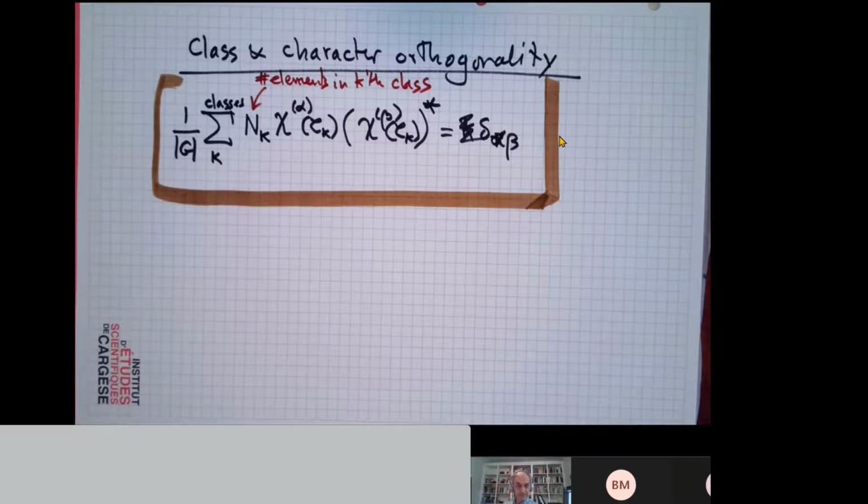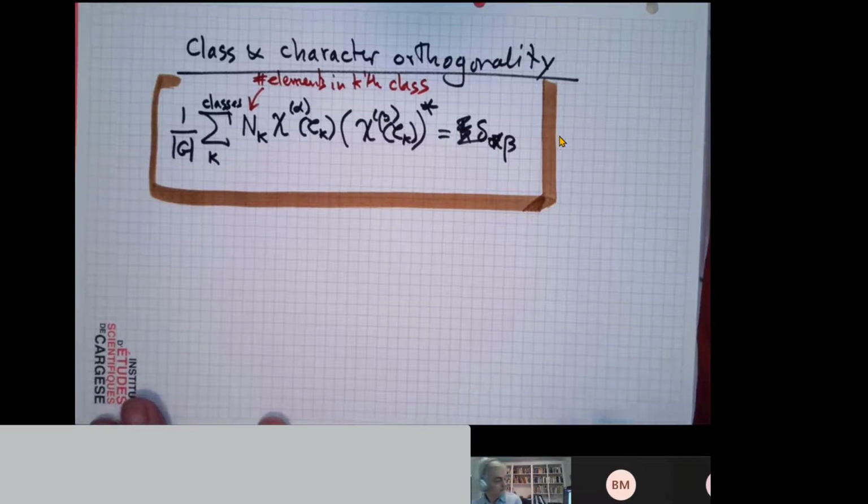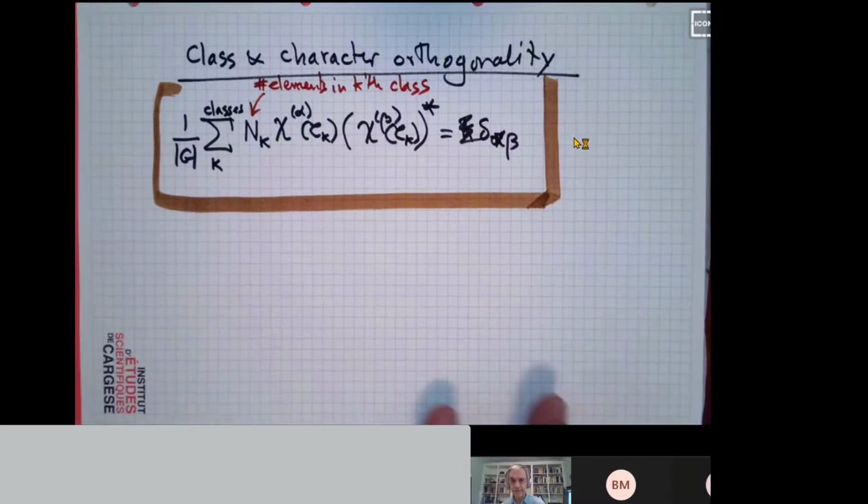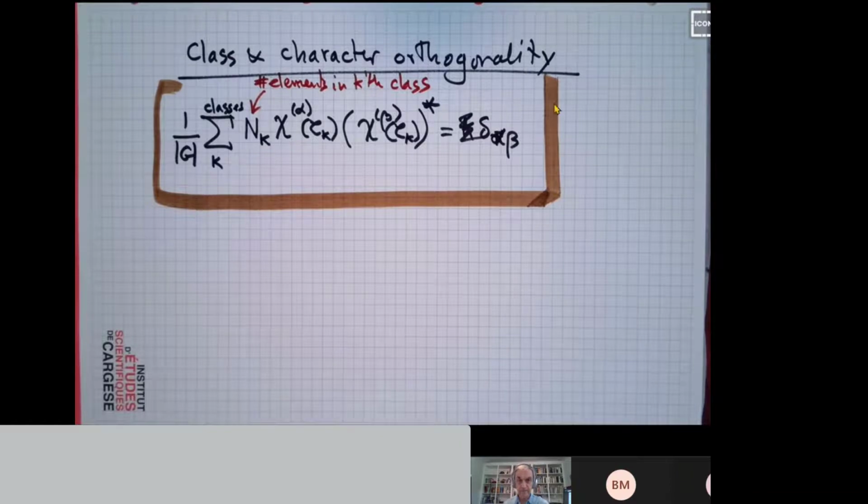But the transformation from one to the other is not obvious, but it's a unitary transformation, meaning that there'll be a matrix that goes from organizing your thing in terms of classes to organizing your thing in terms of irreducible representations. This is all very abstract. It's all correct. It's algebra. There's nothing to it.